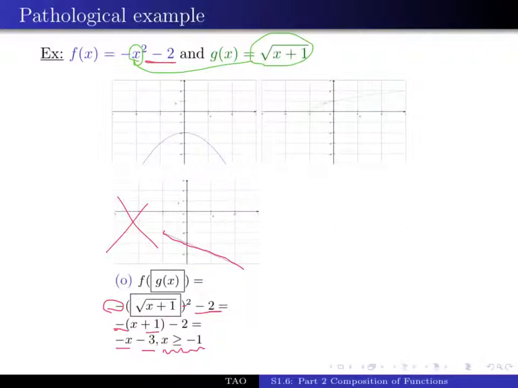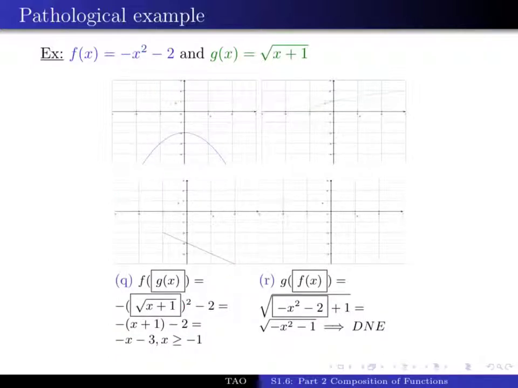Now, when we plug f into g, instead of x, we will stick our entire negative x squared minus 2. We don't have any other x squareds. -2 plus 1 is a -1. So we're taking the square root of negative x squared minus 1.